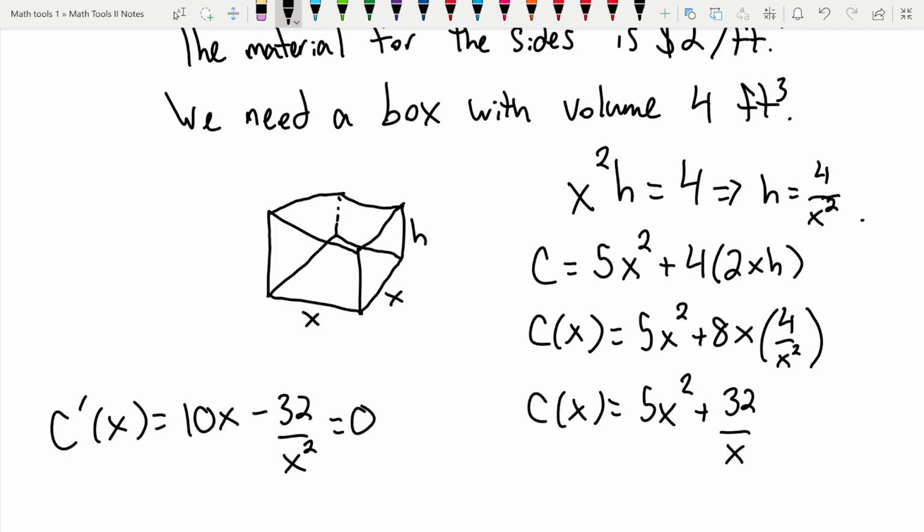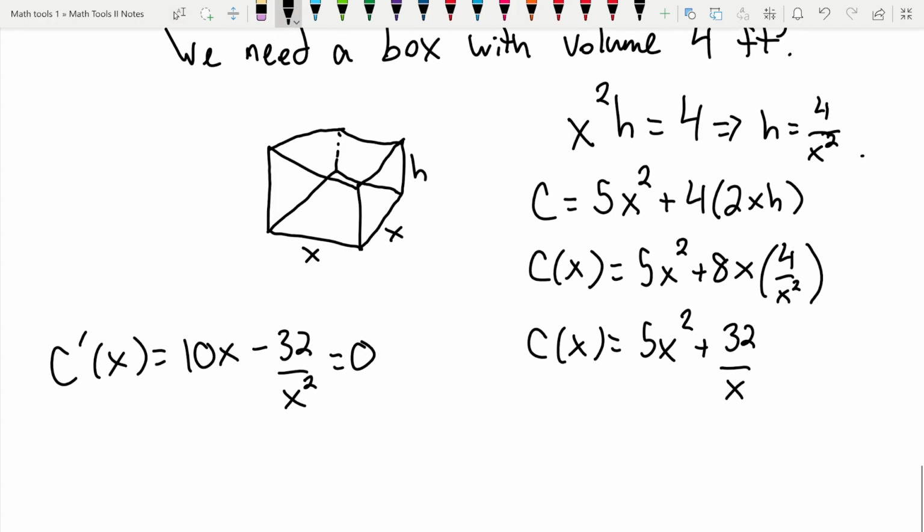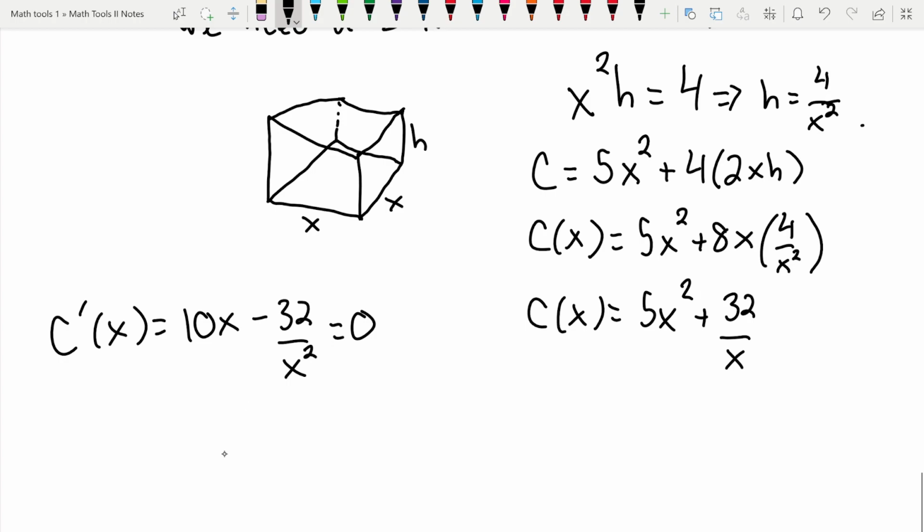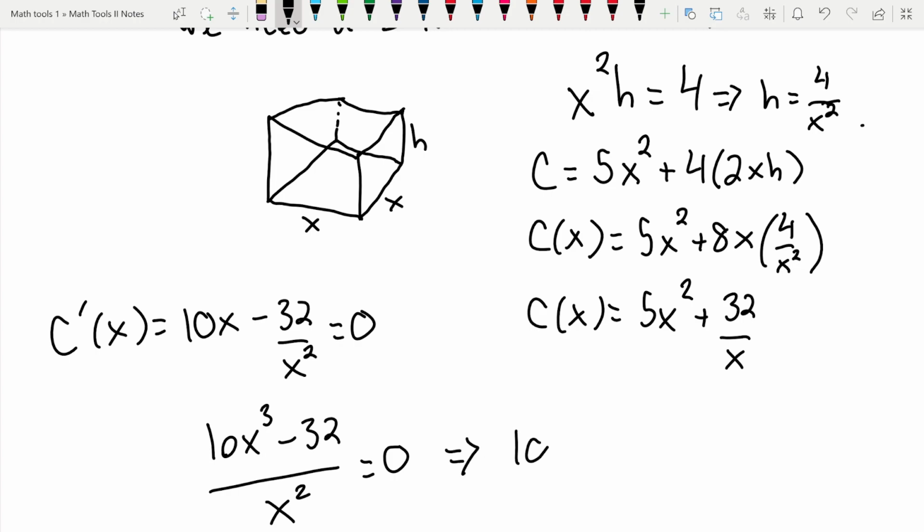So we'll set that equal to 0. Go ahead and find a common denominator. So in other words, multiply the first term by x squared over x squared. So we'll get 10x cubed minus 32 over x squared equals 0. And again, the denominator can't be 0 because x can't be 0. So we're just looking at where the numerator is equal to 0.